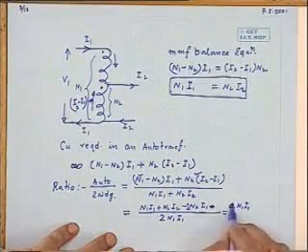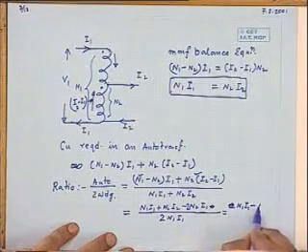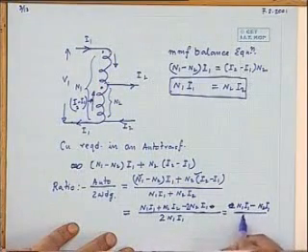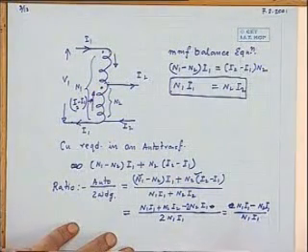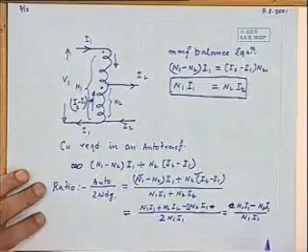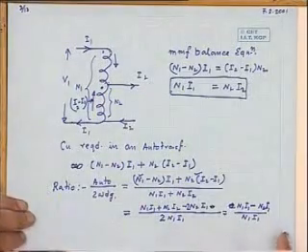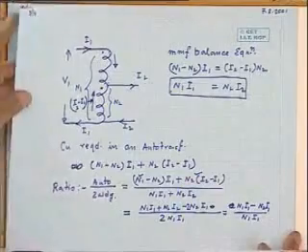So it will become, in essence, if you cancel out 2 N1 I1, N1 I1 minus N2 I1 by N1 I1.